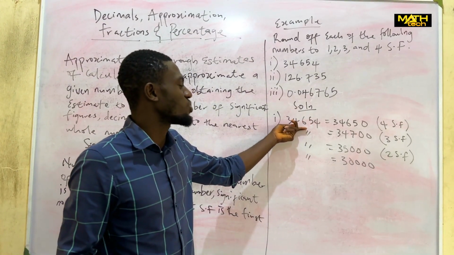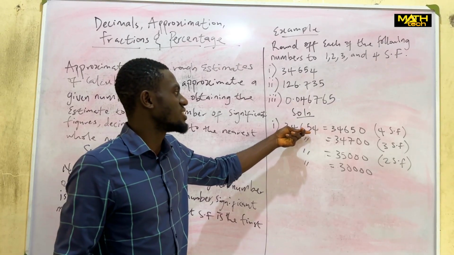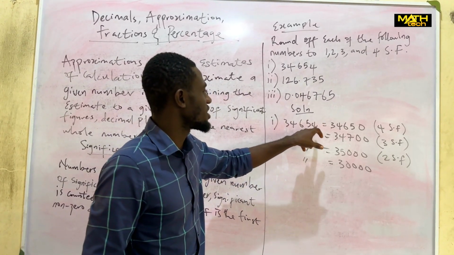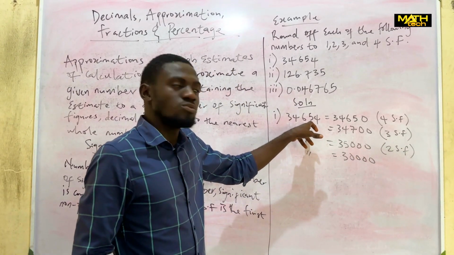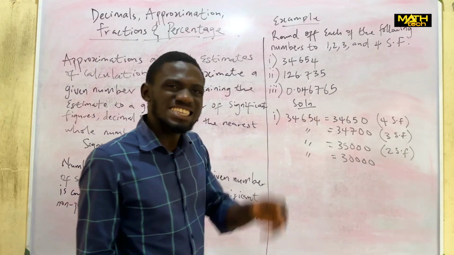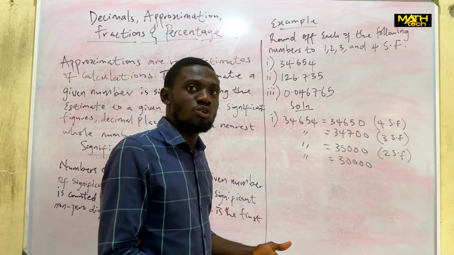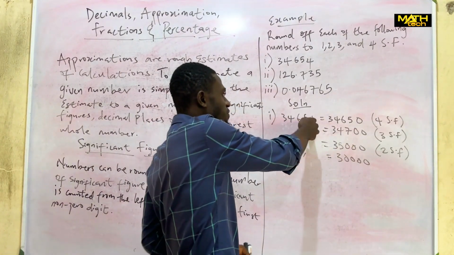to the nearest 100. If you are asked to round this value to the nearest 100, look at this. The nearest 100 is the 3 significant figure, which is the third value here, which signifies the 100. It is greater than or equal to 5, so it will be rounded up to 700.